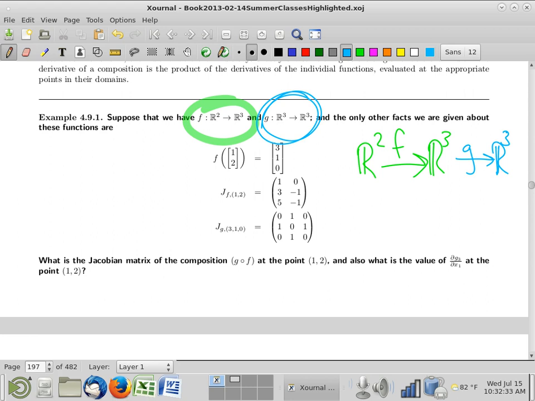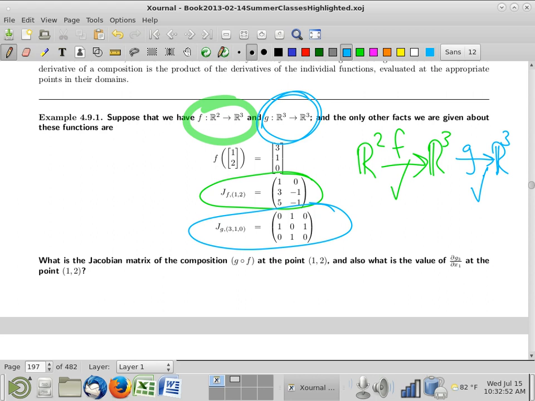And notice that I'm given the corresponding Jacobian matrices. This is given to be the Jacobian matrix for F, and then this is given to be the Jacobian matrix for G.